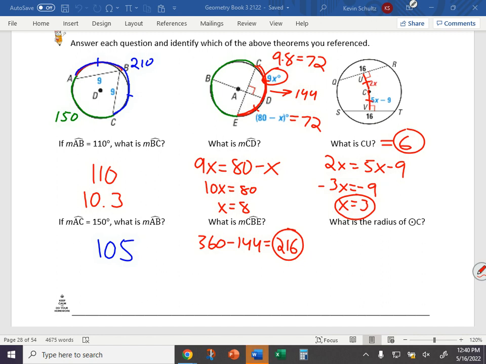The one below this. What is the radius of circle C? Joe's got it. Figurine has it. I got it first. Bubbles! 10. How do you know that? Because it just is. Why? Pythagorean theorem. What allows you to say that?